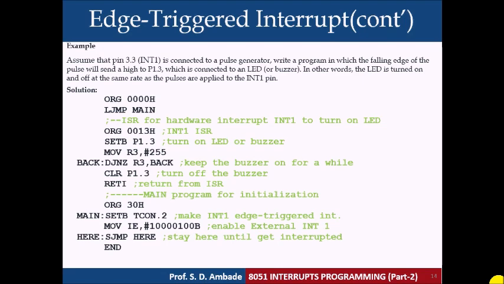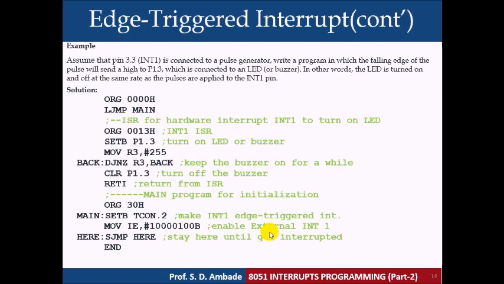Write a program in which the falling edge of the pulse will send a high to P1.3, which is connected to an LED or buzzer. In other words, the LED is turned on and off at the same rate as the pulses are applied to the INT1 pin. The LED should be turned on at the falling edge of the pulse.